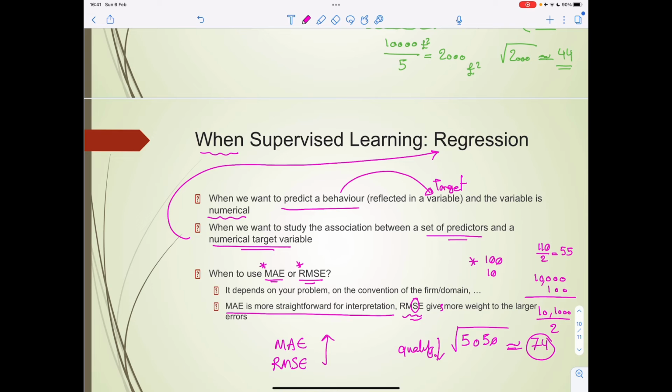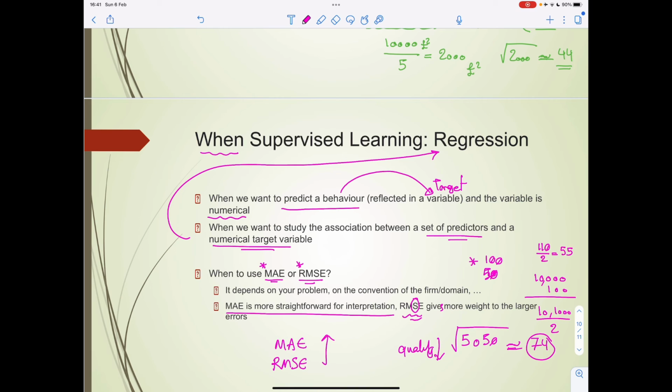And sometimes you want to be very sensitive to large errors. Sometimes it doesn't matter on aggregate whether you are 100 units far from the actual value or 50 or 10, in the sense that being 100 units far from the actual value is exactly twice as bad as being 50 units far from that value.